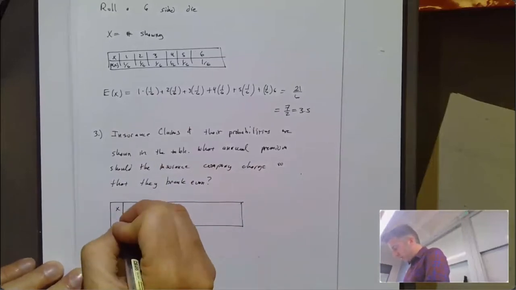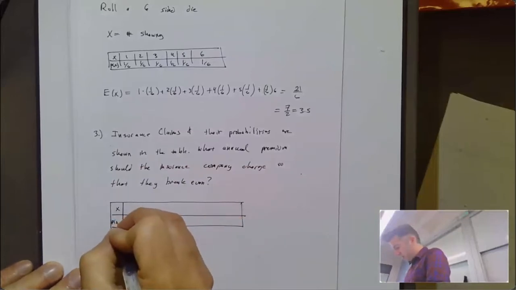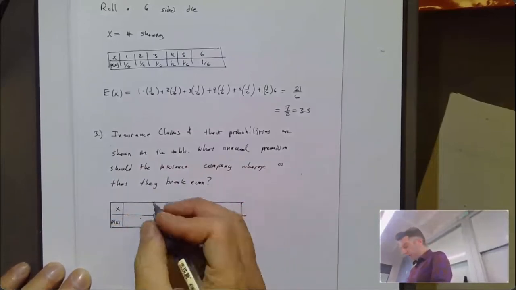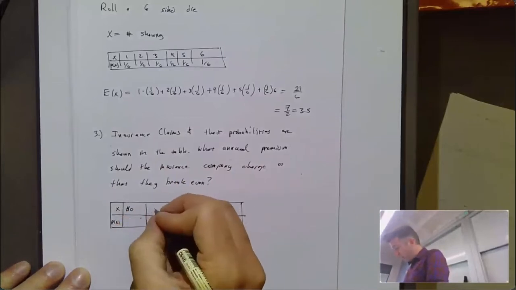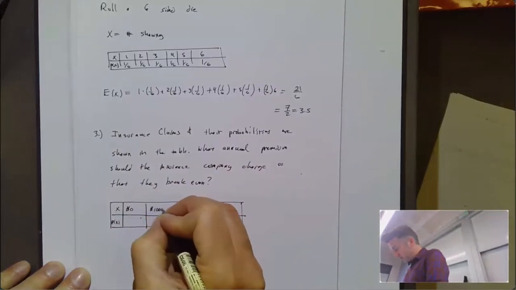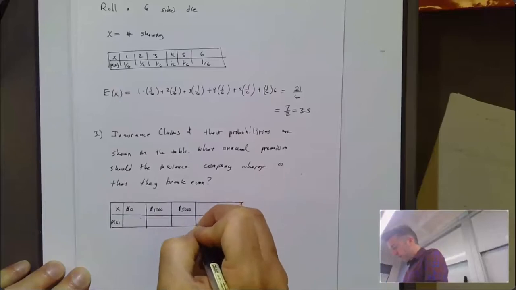So X is going to be the dollar amount of the claim, and P of X is the probability that that dollar amount claim happens. So we can have a $0 claim, a $1,000 claim, a $5,000 claim, or a $10,000 claim.